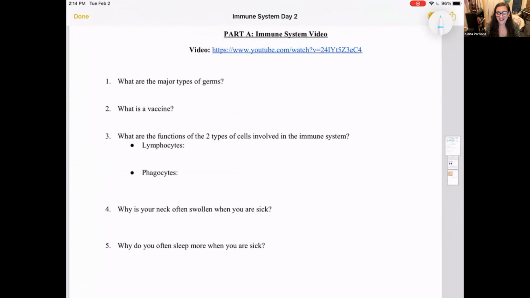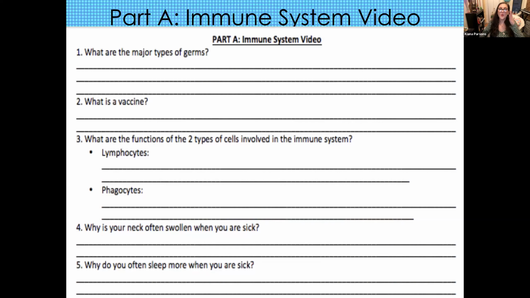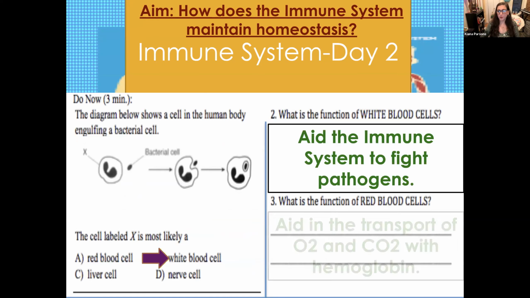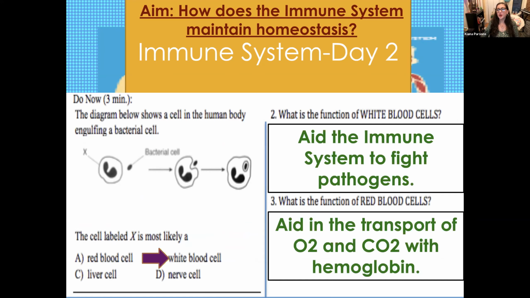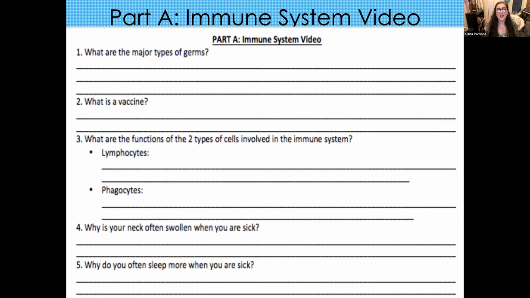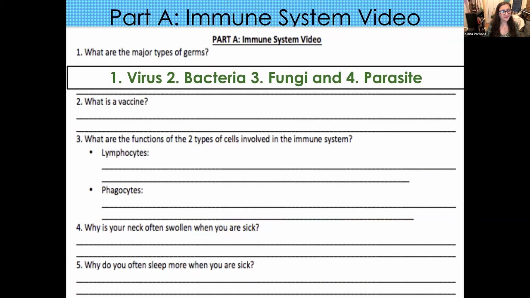All right. So, what are the major types of germs? The major types of pathogens are viruses, bacteria, fungi, and parasites.